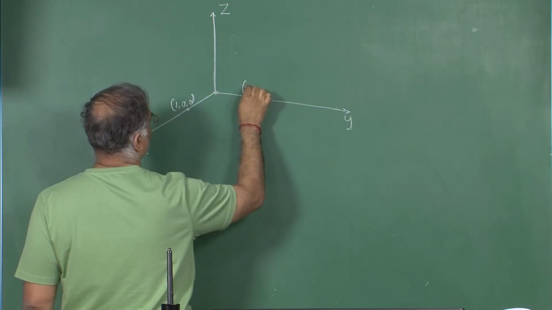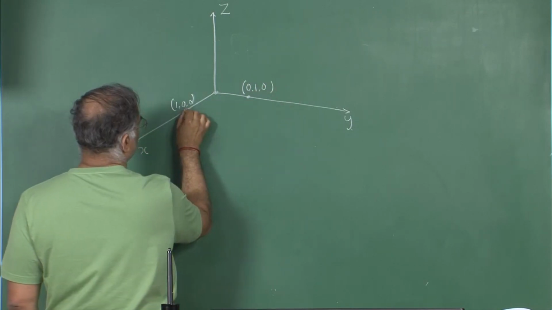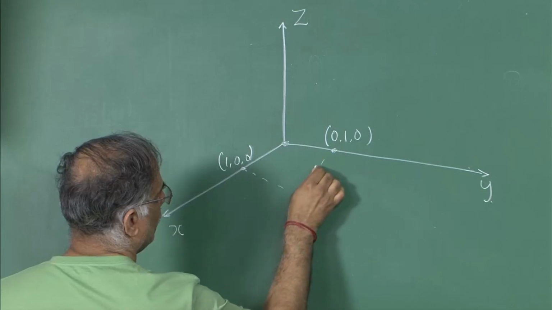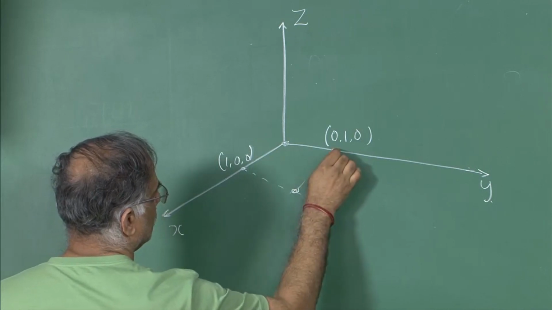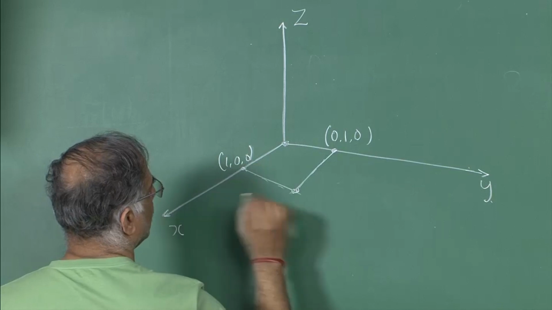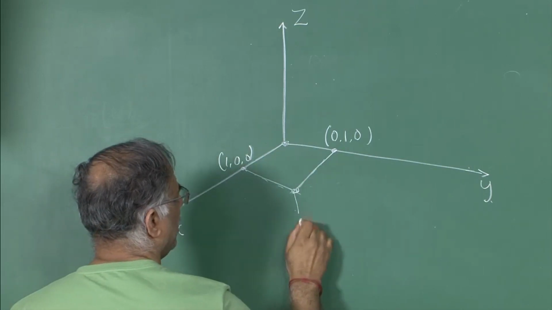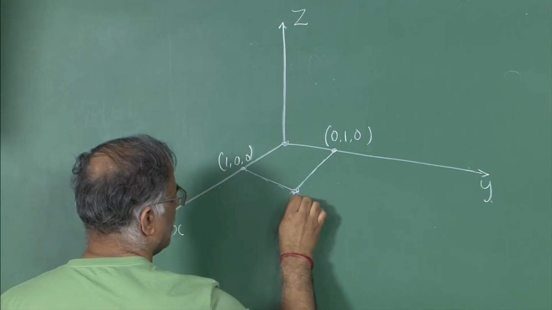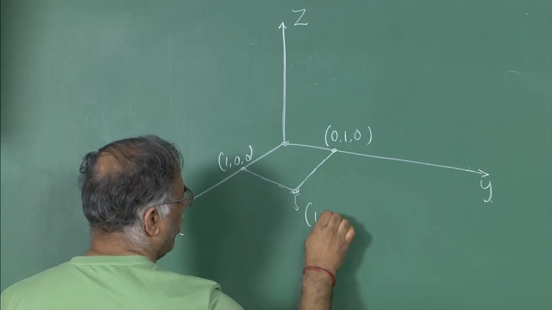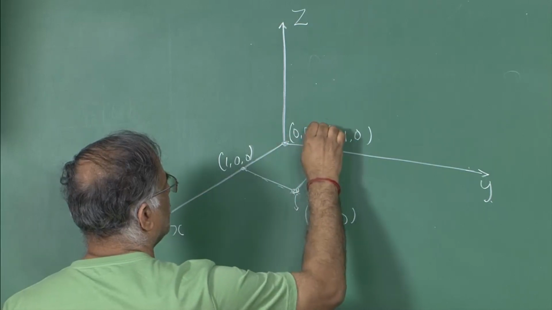So, here it is 0 1 0, and when you take the Cartesian product you have a point here. So, this is your domain, and everything inside this is the domain, and this point is 1 1 0, and this point is of course 0 0 0.